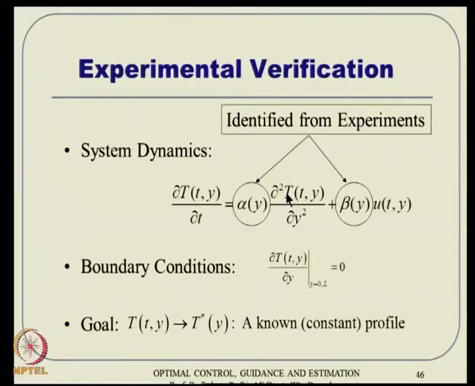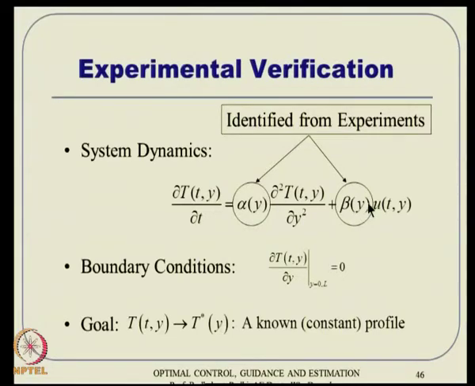What we conveniently assumed as alpha equal to 1, beta equal to 1 in all our math analysis is not true. And in general it turns out that alpha and beta are not even constant, they are actually functions of y. So, this system identification is the first thing to do, and that itself was a procedure actually.